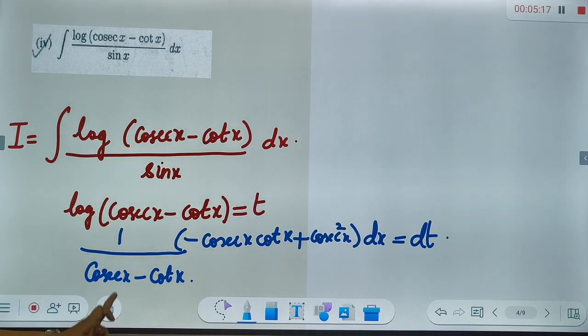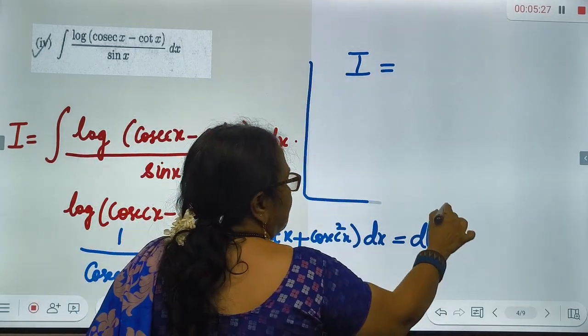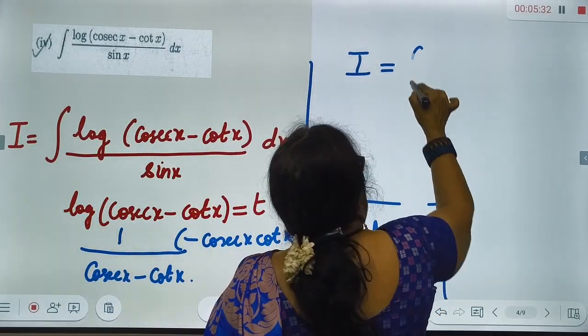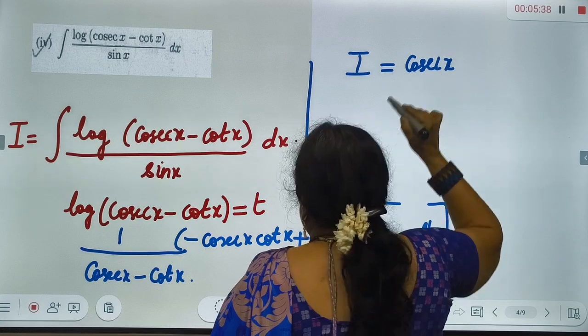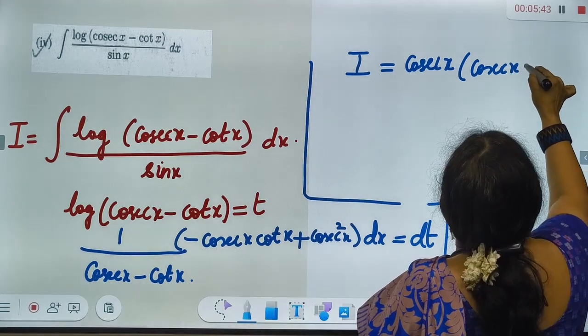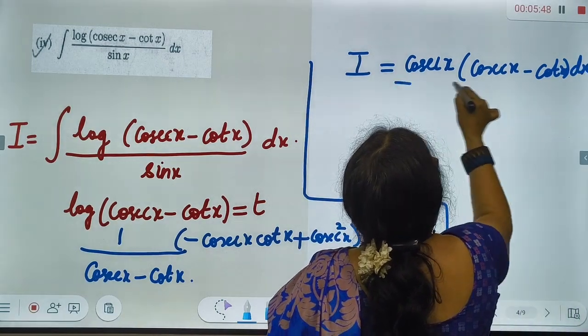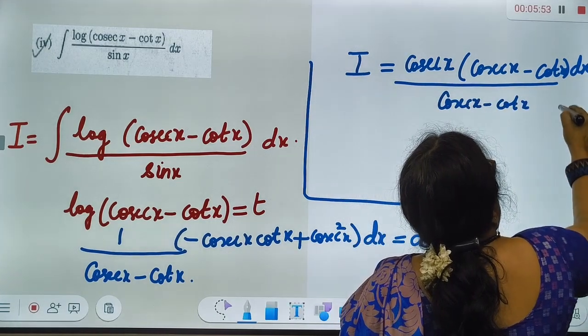So minus cosecant x cot x plus cosecant square x by cosecant x minus cot x dx is dt. What is common in the numerator? Cosecant x. If I take out cosecant x, what will I get? Cosecant x into cosecant x minus cot x dx by cosecant x minus cot x equal to dt.